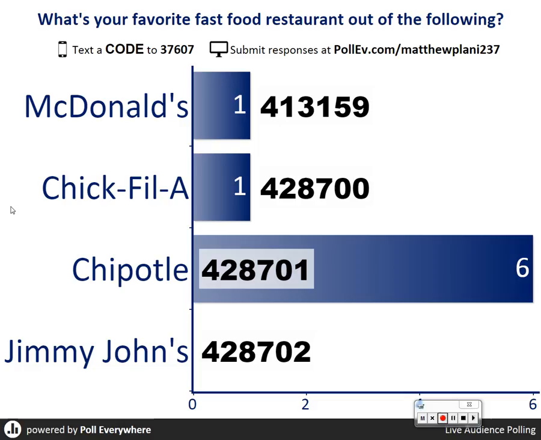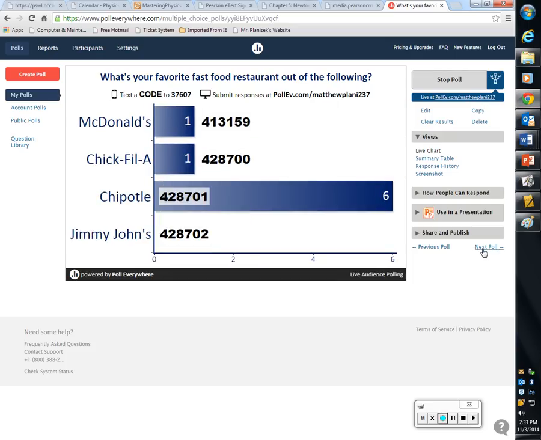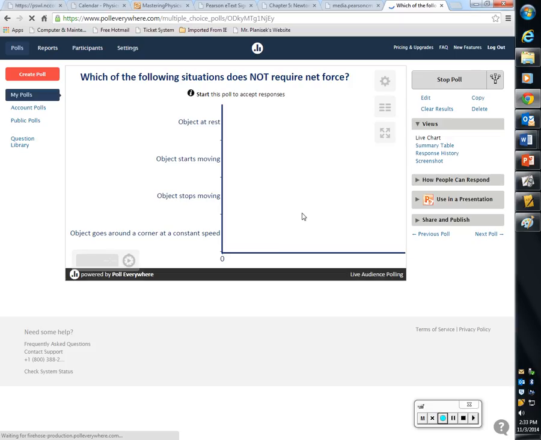Anyway, that's how it works. So you're going to continue sending messages to 37607. It should have started a conversation with you saying you voted in a poll. Okay, so your first question is actually question number 1 from the sheet that I just gave you.